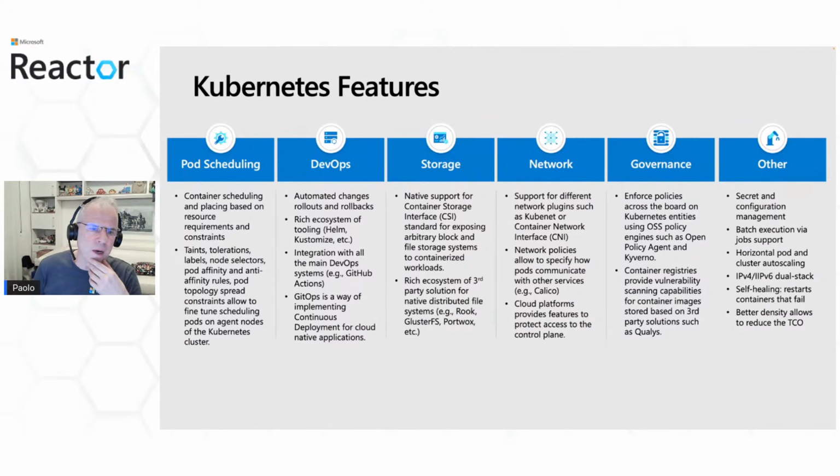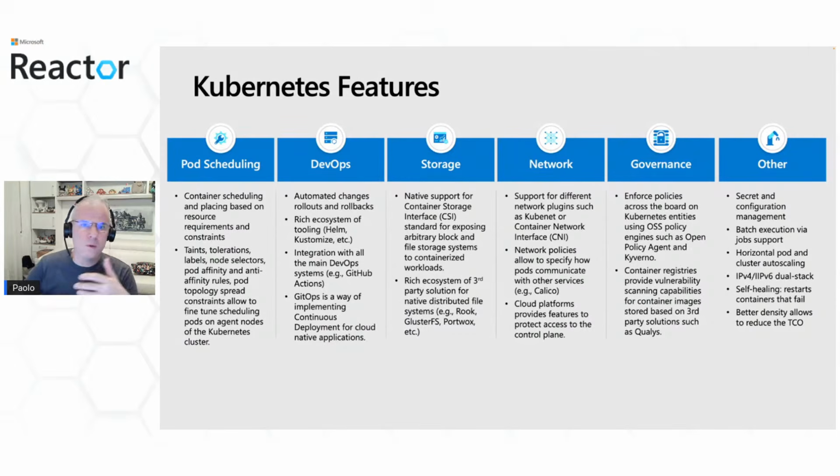It is also very well integrated with multiple DevOps systems. Kubernetes provides out-of-the-box features for automated changes, rollouts, and rollbacks. Also, the ecosystem for deploying applications is quite rich. Think about Helm, which provides a way to package and deploy workloads to your Kubernetes cluster, or Kustomize, which can be used, for example, for application configuration on different environments.